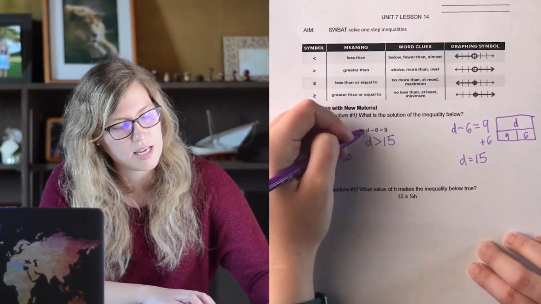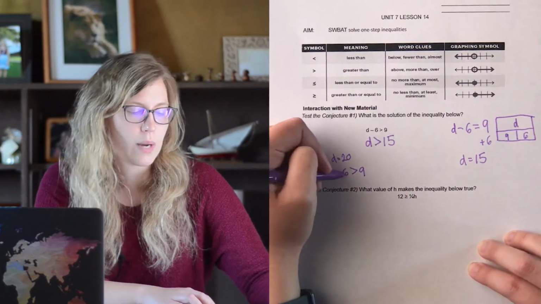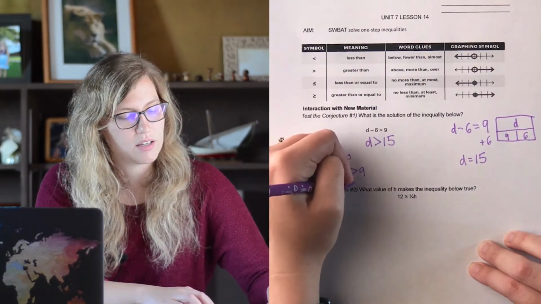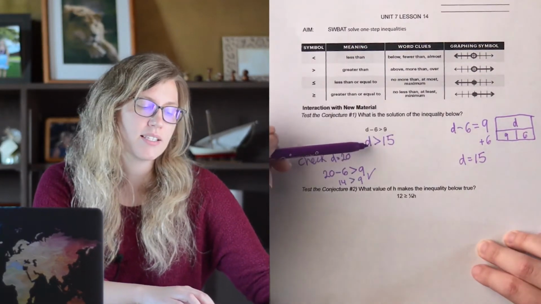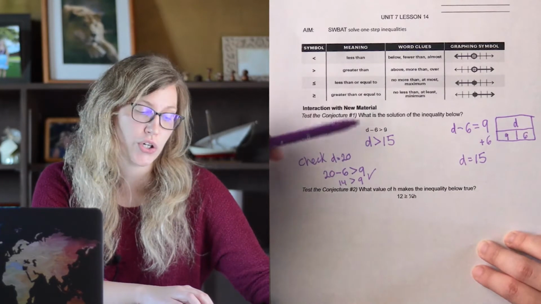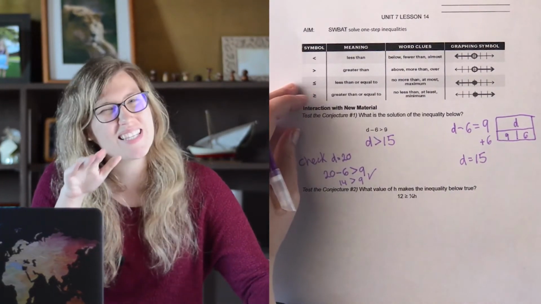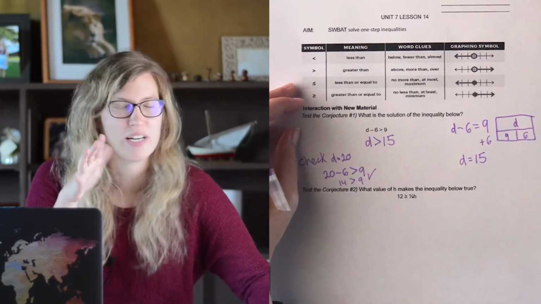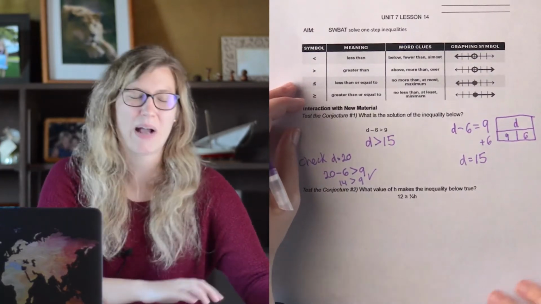So 20 minus 6, is that greater than 9? 20 minus 6 is 14. So is 14 greater than 9? Yes. This is how I need to check to make sure that I made my inequality symbol go the correct direction. Most of the time in 6th grade, you're going to get this right. However, once we get to 7th grade, it's going to get way more tricky and way more fun. So you always have to check your answer, okay?